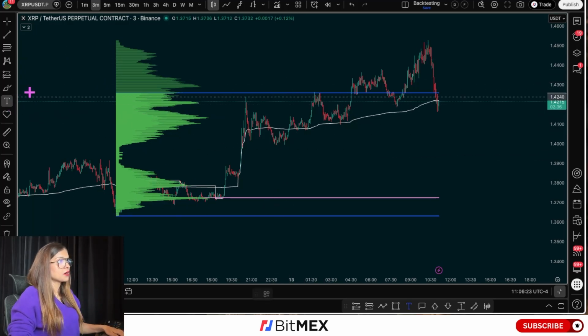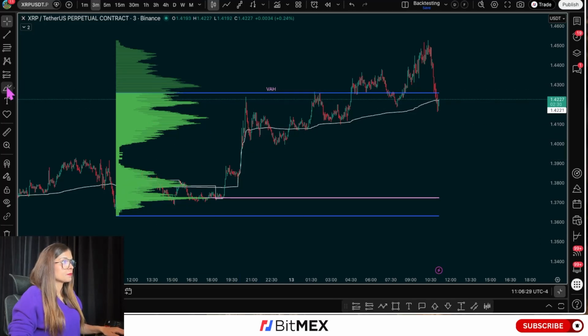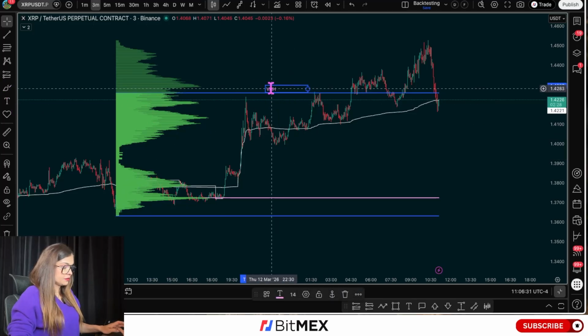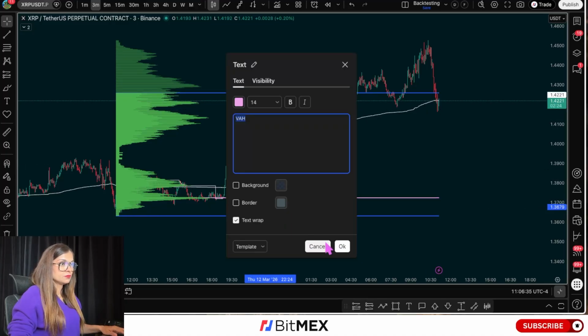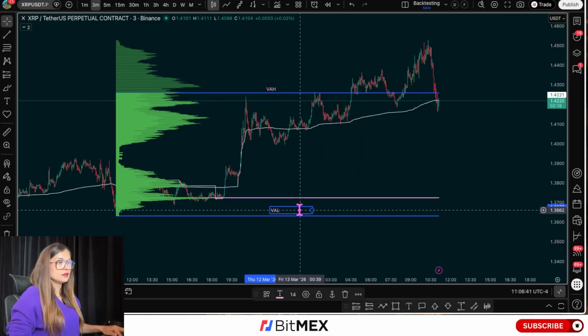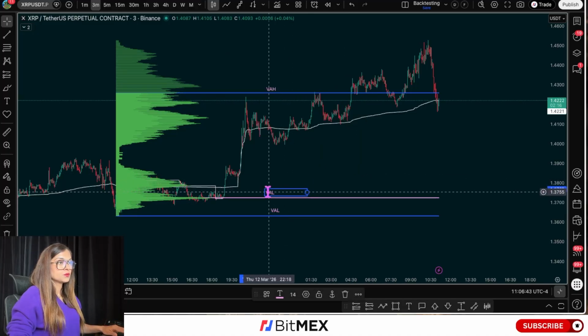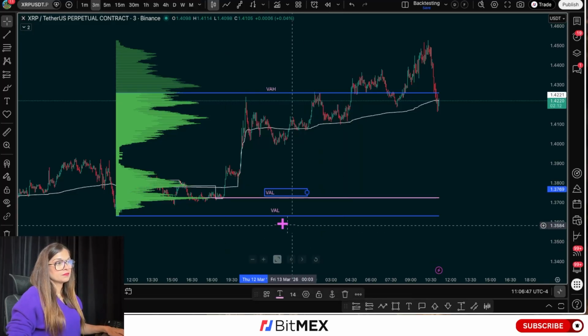Here, I'll just mark it out for you. So here we have the VAH, and over here, we have the value area low. And then after that, we have the POC, point of control. Okay.